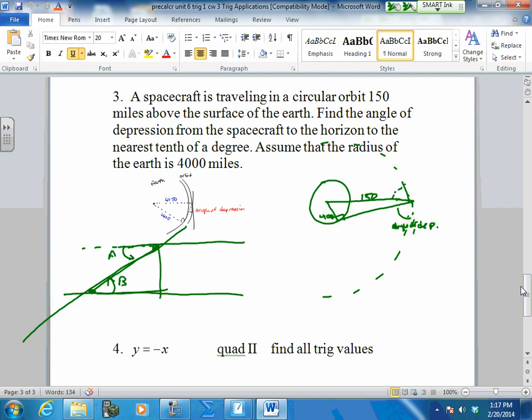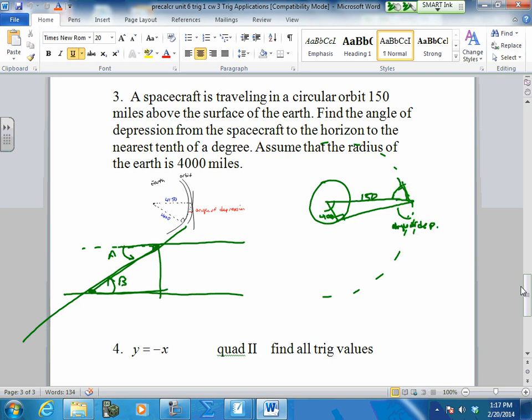Good. They're alternate interior angles, so they are congruent. Your angle of elevation and your angle of depression are the same angle. Don't get confused with these two over here; one is complementary to the other. But your angle of elevation and angle of depression are the same. So we can also assume that we're finding this angle in here.